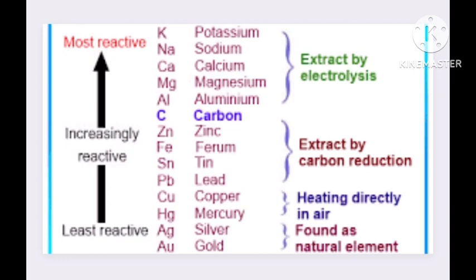Sulfides are converted into oxides by heating strongly in the presence of excess air. This process is known as roasting. The carbonate ores are changed into oxides by heating strongly in limited air because in carbonates oxygen is already present. So this process is called calcination.